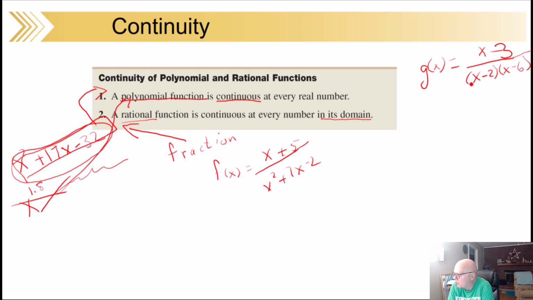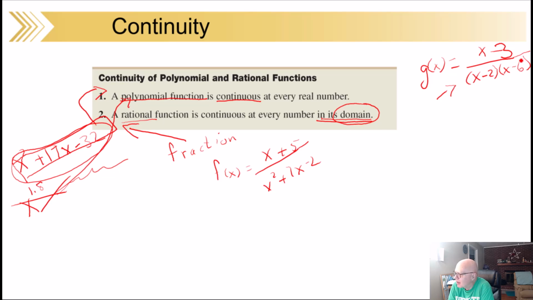The bottom, if you expand this, you get x squared minus 8x plus 12. That's a polynomial. So this is a rational function. However, the catch is it's only continuous for elements of its domain.